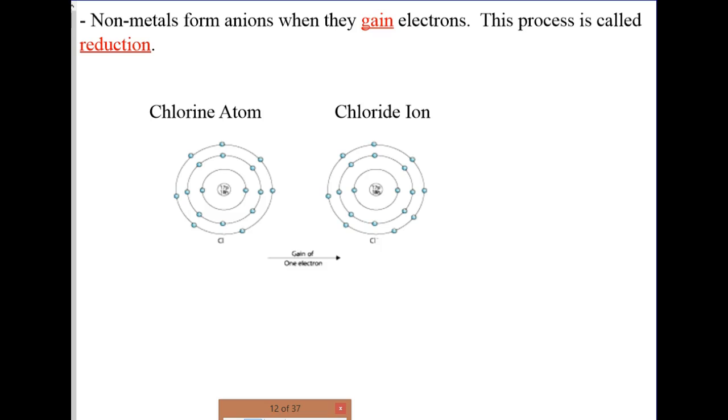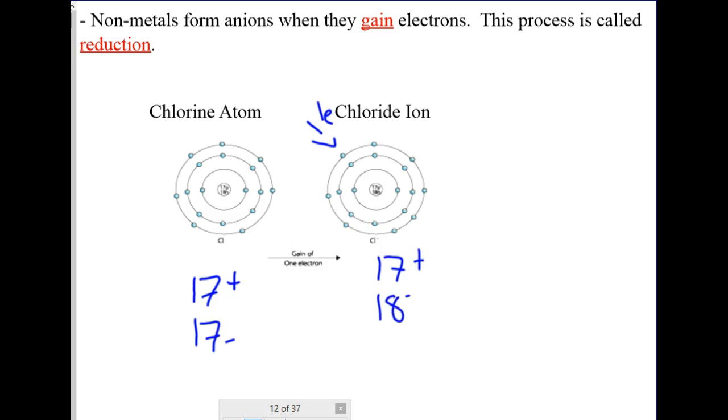The chlorine atom starts off with 17 positive charges and 17 negative charges. If one more electron is added to that, we have 18 electrons now. For some reason, they decided that nonmetals would have to change their name to become an ion.